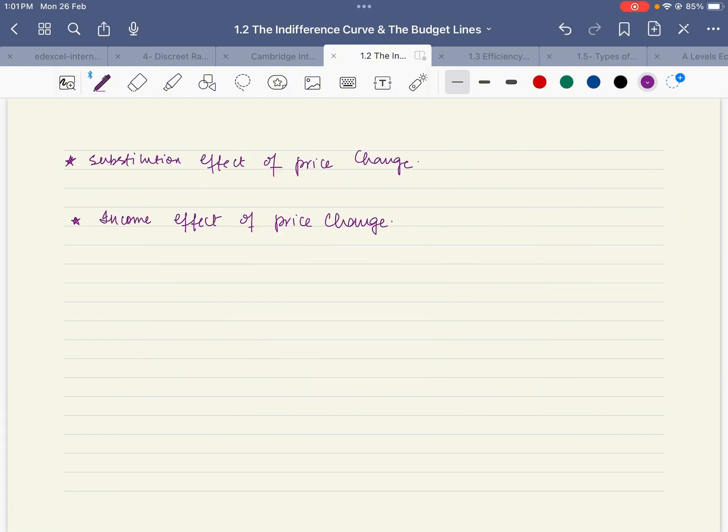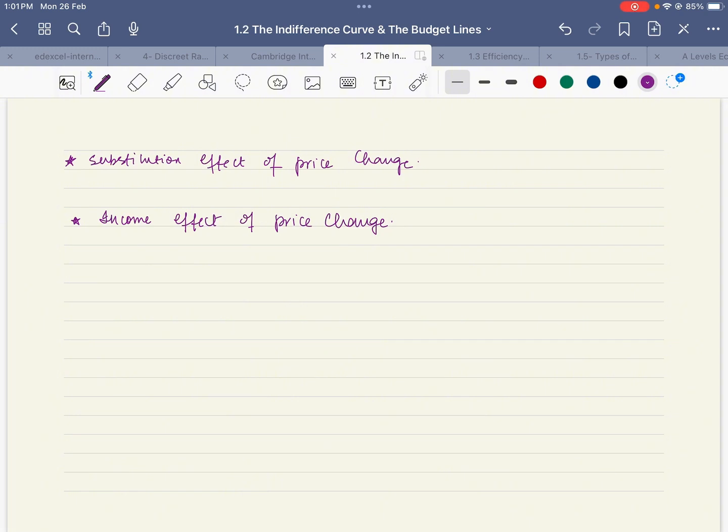Substitution effect of price change is when the consumer is willing to substitute one product for the other, and they will naturally be inclined towards the product, good or service which has become cheaper and the price of which has dropped.